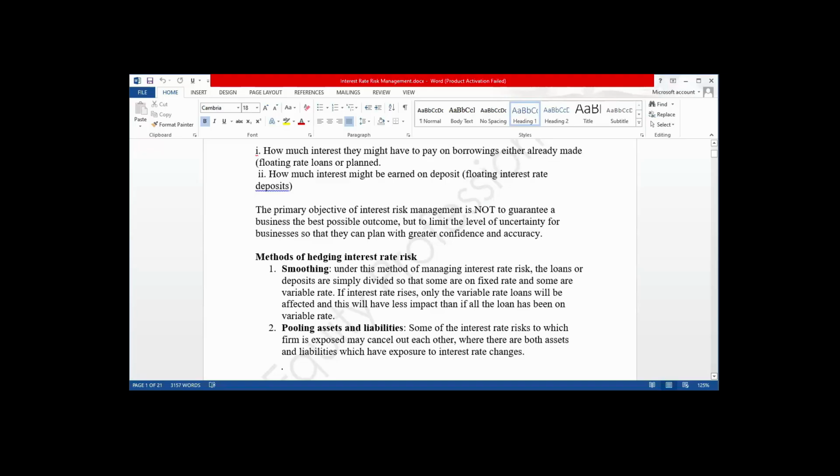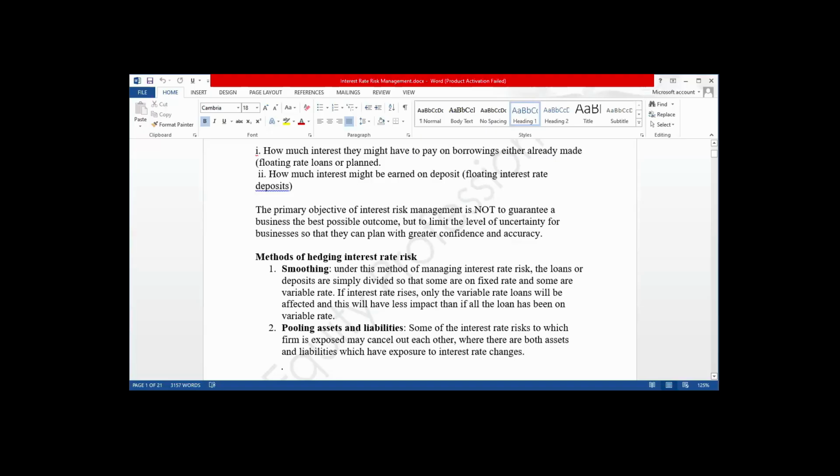Number one, smoothing. You can check page 164 of your study pack for the material. Number one method, you can use smoothing, that is smooth.